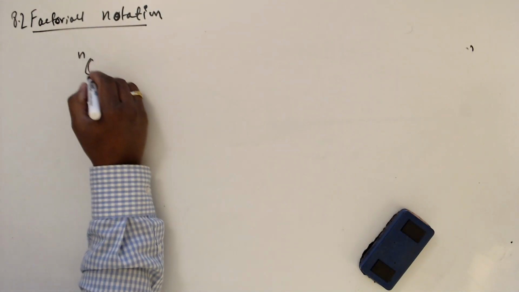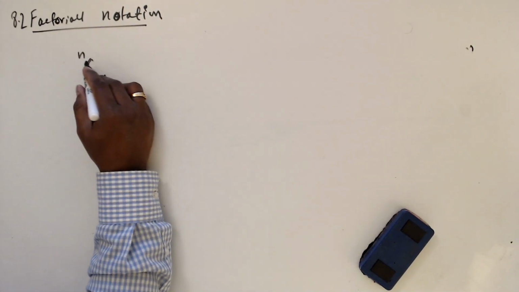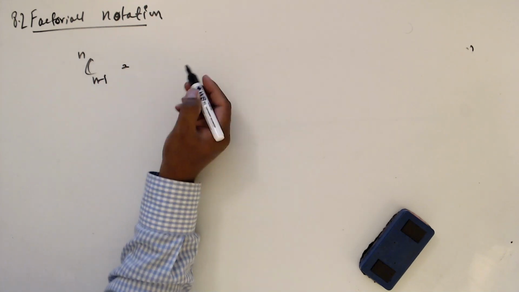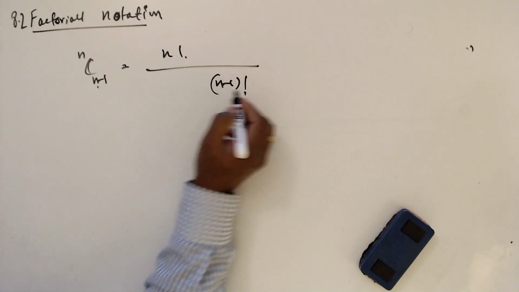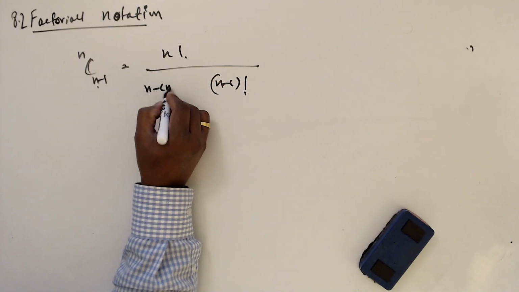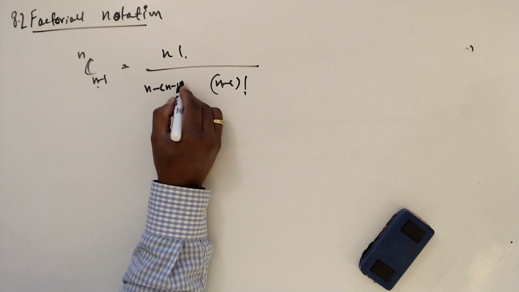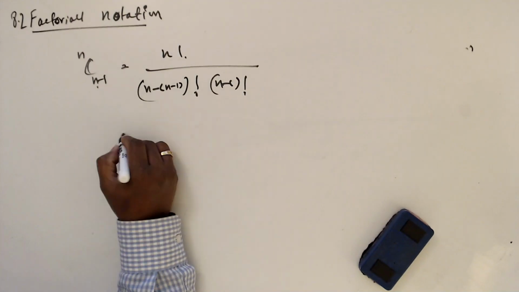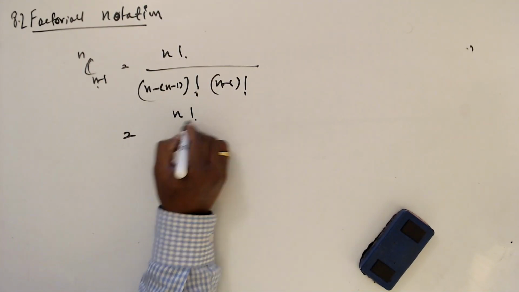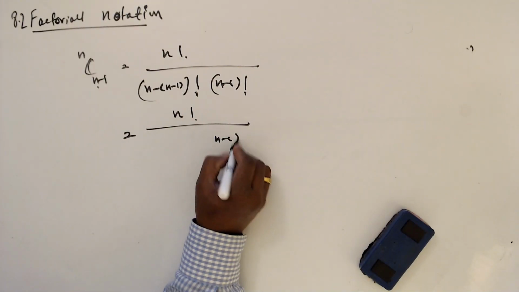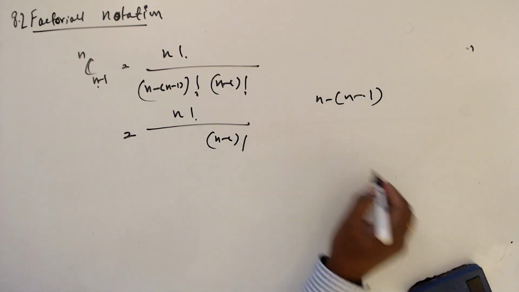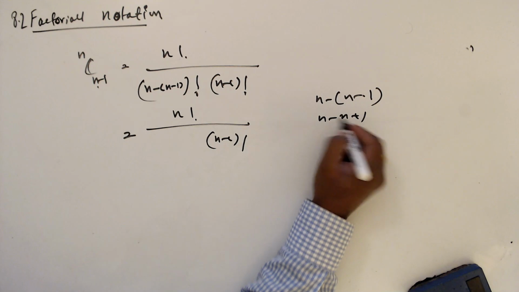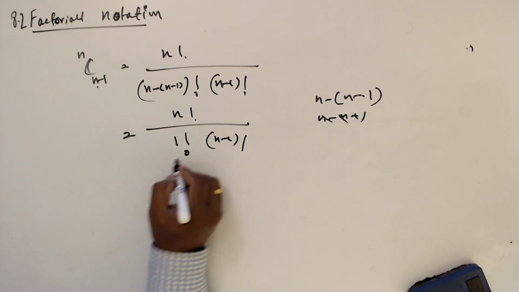What is nC(n minus 1)? This is factorial n, then n minus 1 factorial, then n minus n plus 1 factorial. The difference is n minus n plus 1, which is 1, so factorial 1.